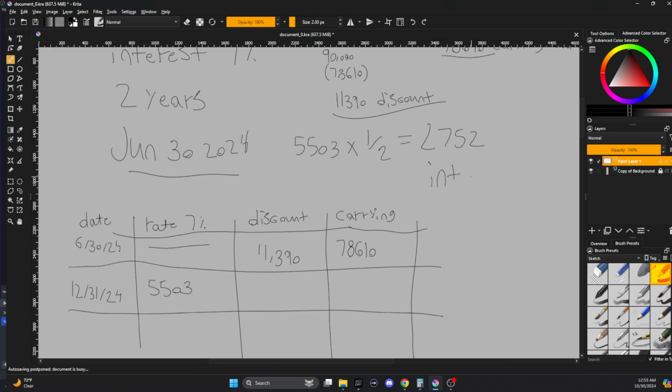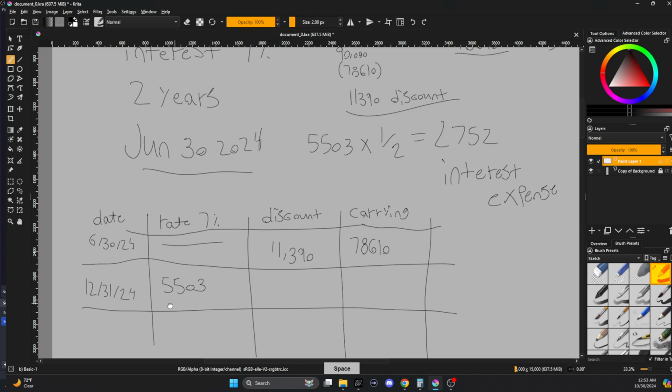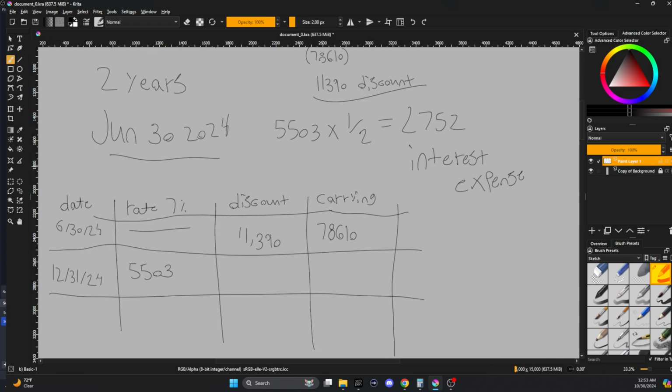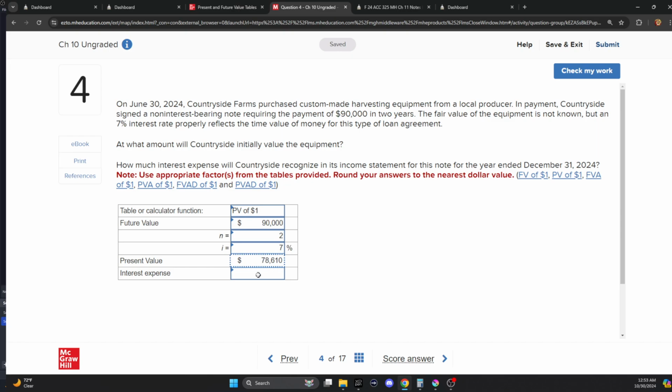And that would be your interest expense for the year of 12/31/24. And let's record that in our problem, 2752.